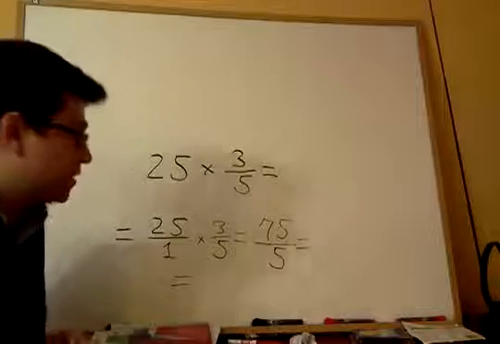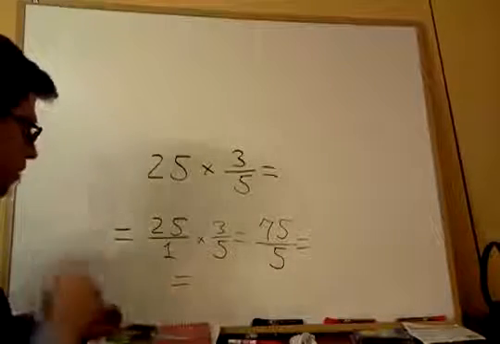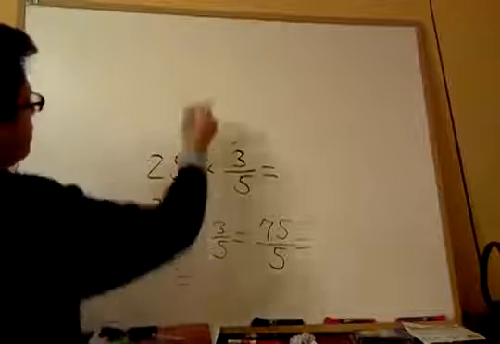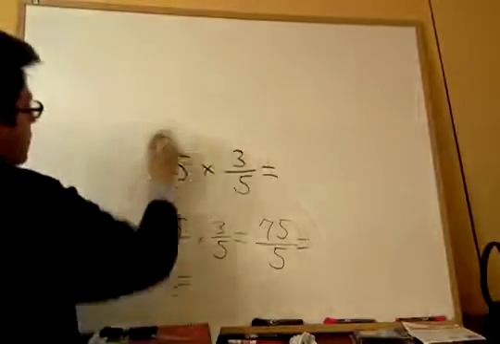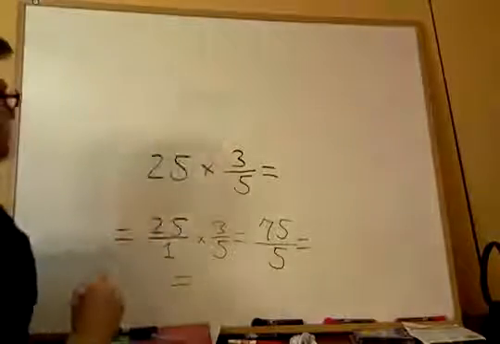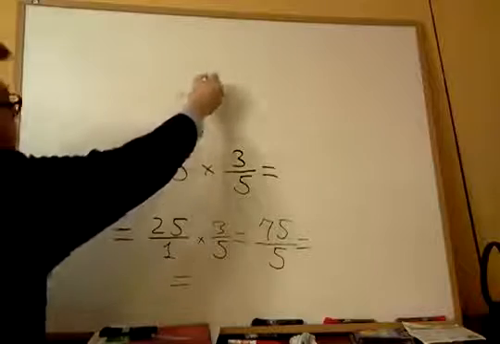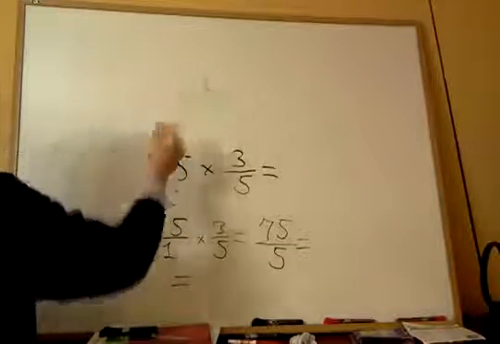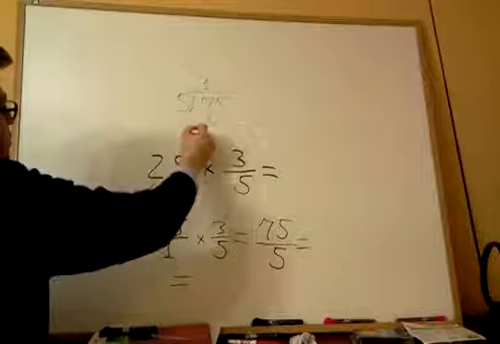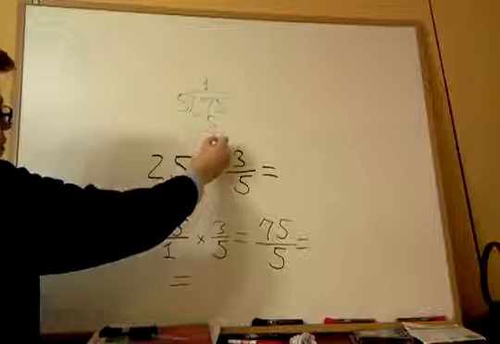Now, how much is 75 divided by 5? Let me think. It's a hard question. Okay, 75 divided by 5. 7 divided by 5 equals 1. 1 times 5 equals 5. 7 minus 5 equals 2.